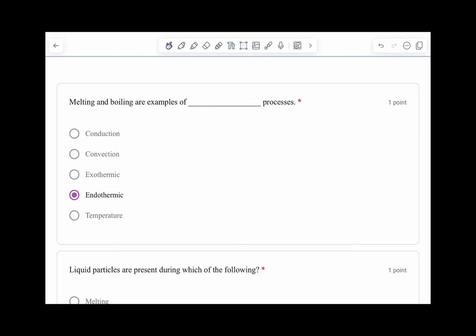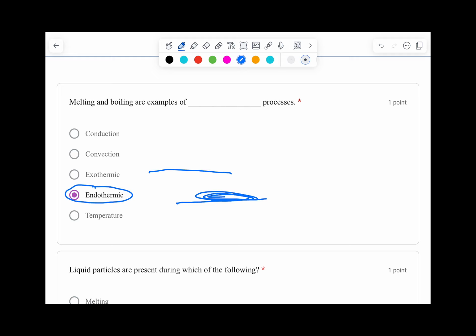Next question. Melting and boiling are examples of which process? You should have chosen endothermic, and the reason is this. Here's my stove, here's the burner on my stove, and I put a pan of water on the stove, sorry for my terrible drawings.